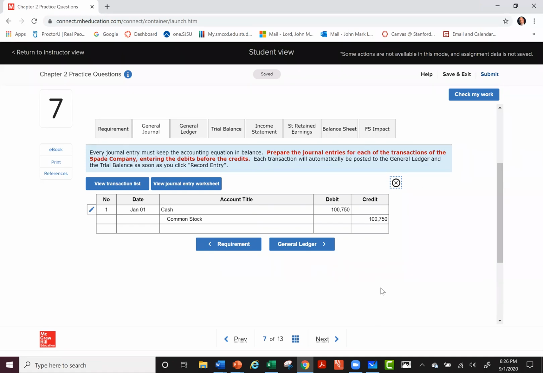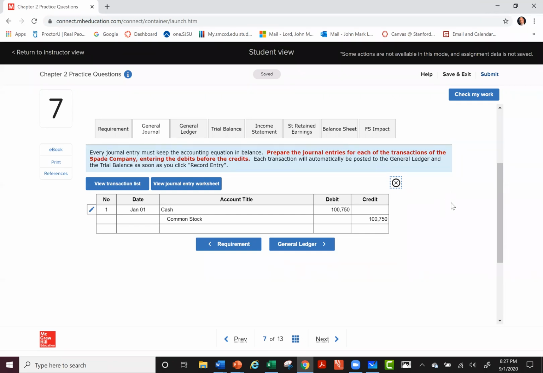And I may ask you, as a result of that transaction, did assets increase? Did the total assets increase? Yes, cash. Good. Did liabilities increase or decrease? No. Liabilities were unaffected, right?